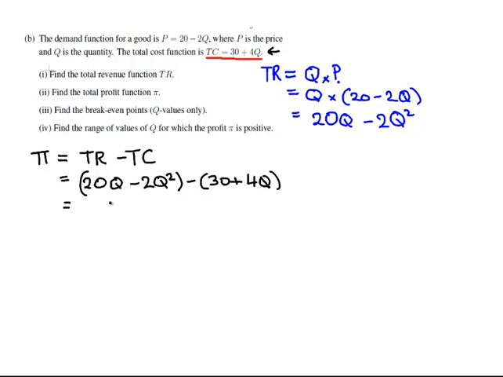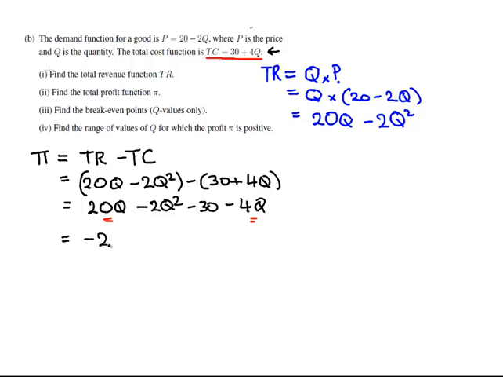So 20Q minus 2Q squared minus 30 minus 4Q. Okay, so we have 20Q here and 4Q there. Apart from that, everything else is the same, or nothing gets affected.